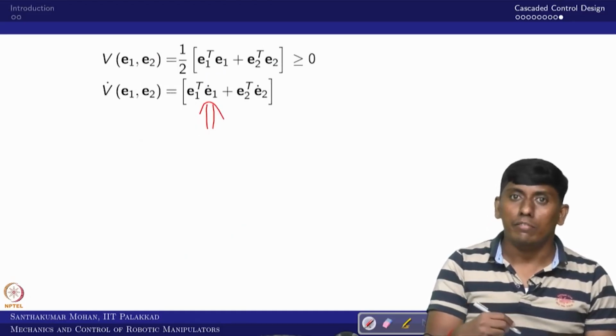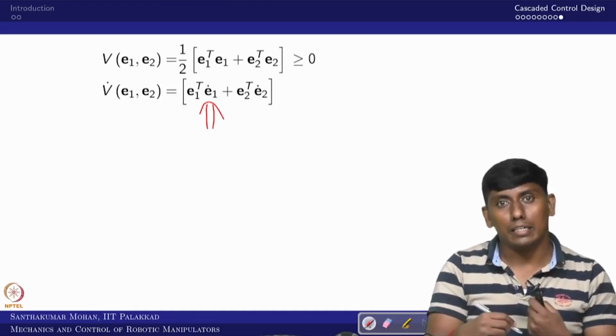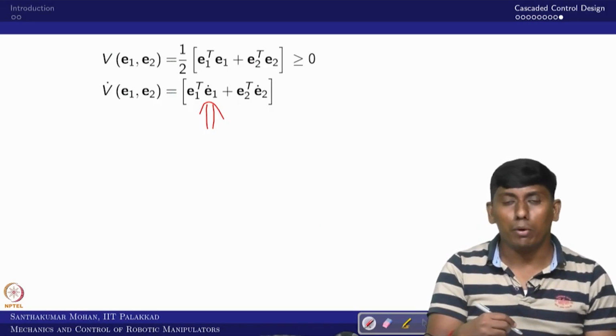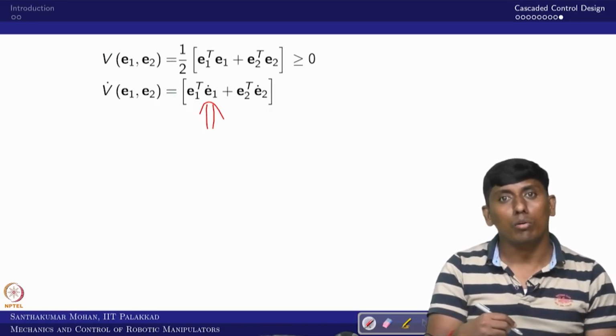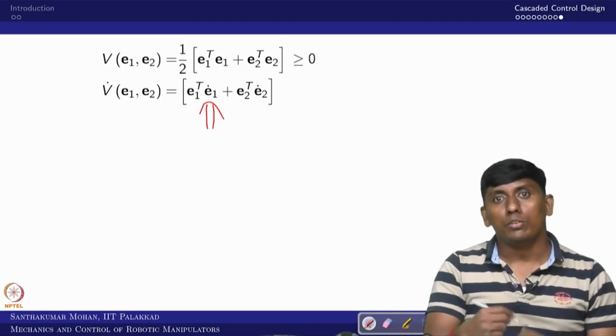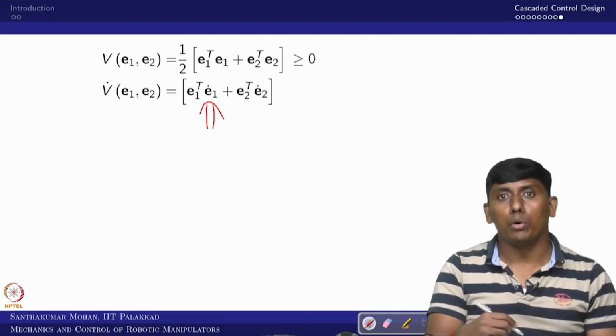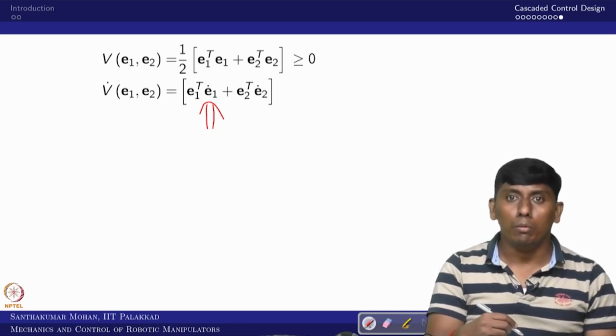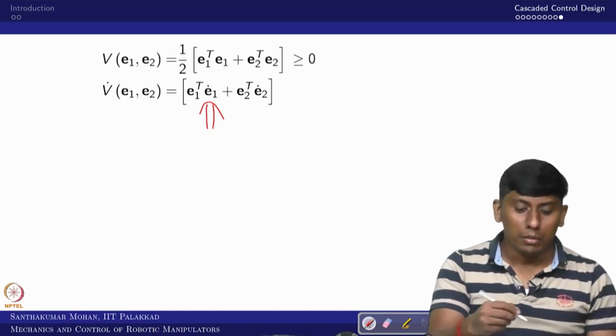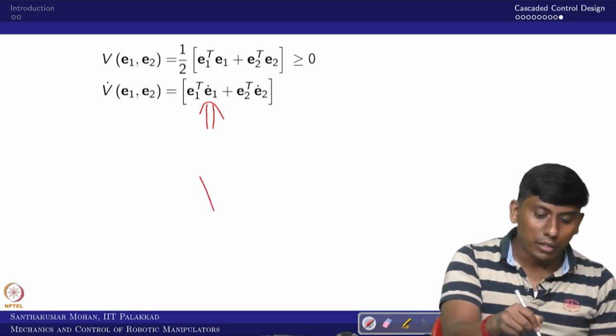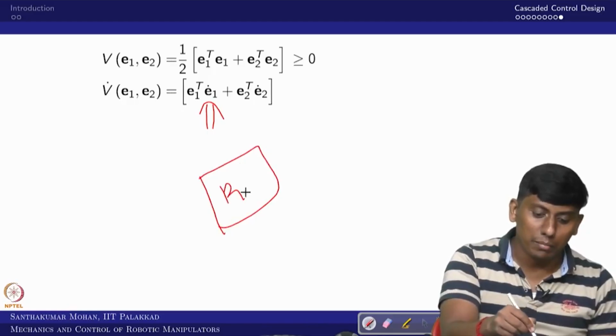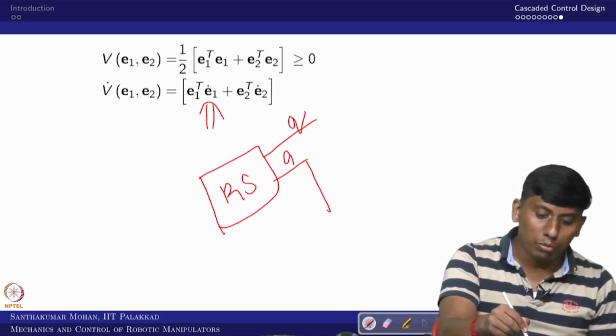With that we can close this particular content, then we will see some numerical problems. From there we can close this entire portion. So I hope you are clear on what the cascaded control design, or what you call dual loop, is. Why is it called dual loop? Because, for example, I call this a robotic system. The robotic system will give two things, Q and Q dot.